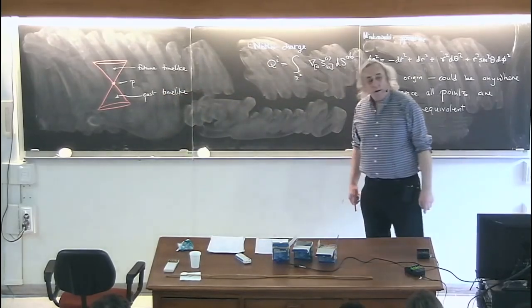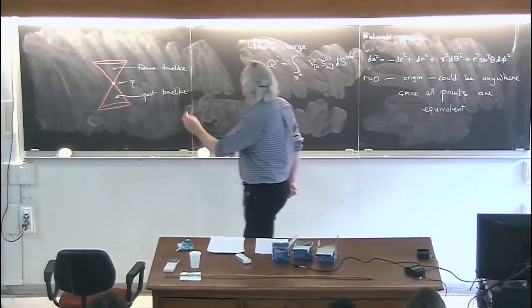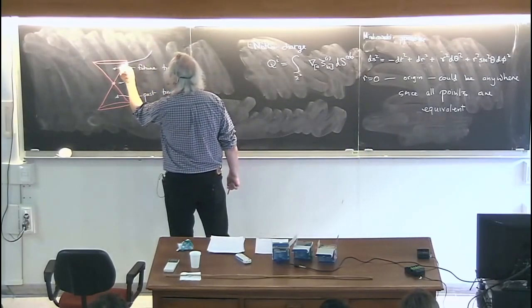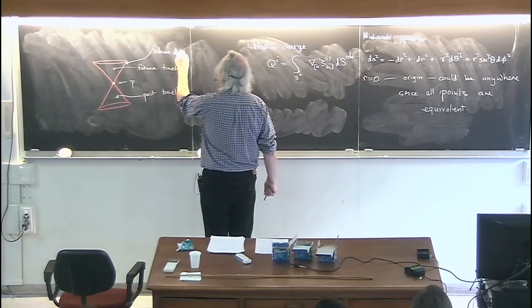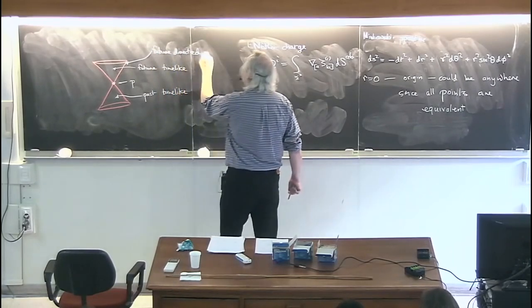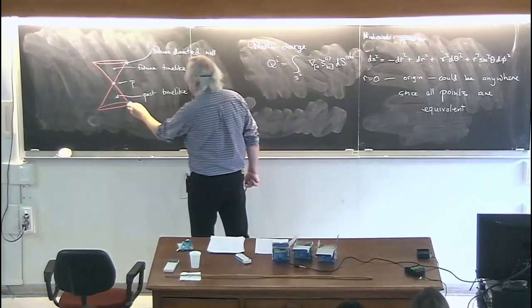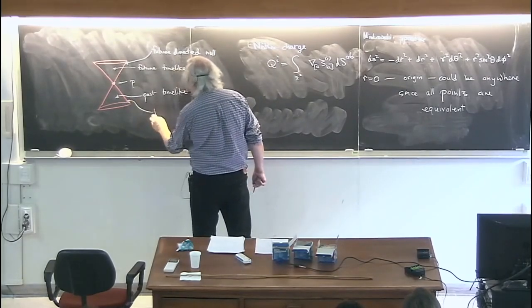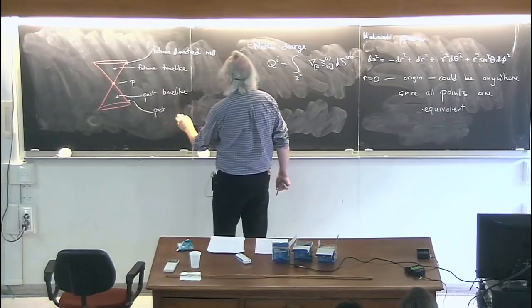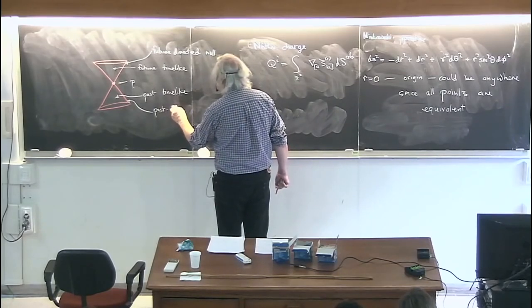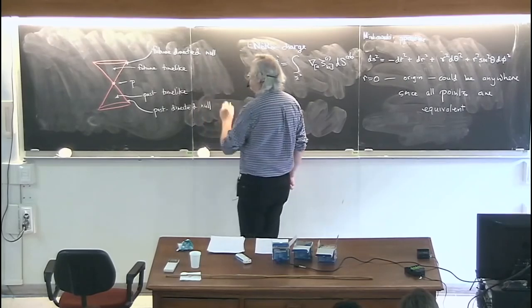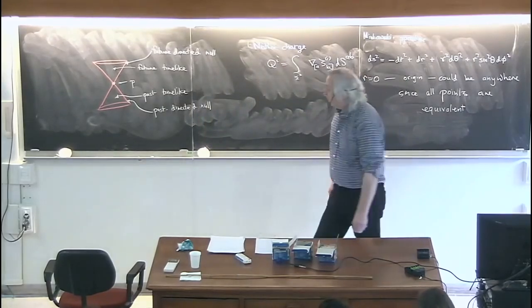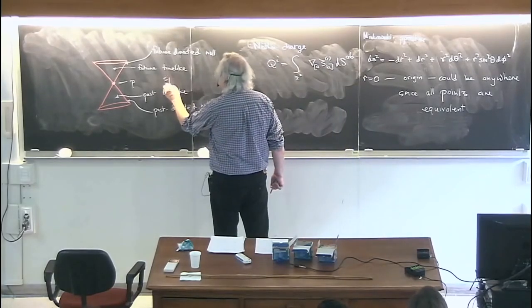You could be on the light cone itself, corresponding to future-directed null, or on the light cone in the past, past directed null, or you could be space-like separated from P somewhere out here.